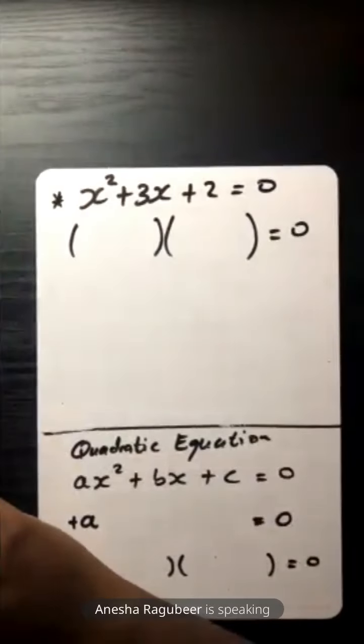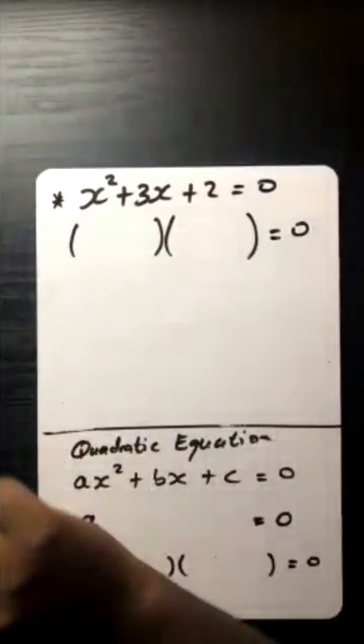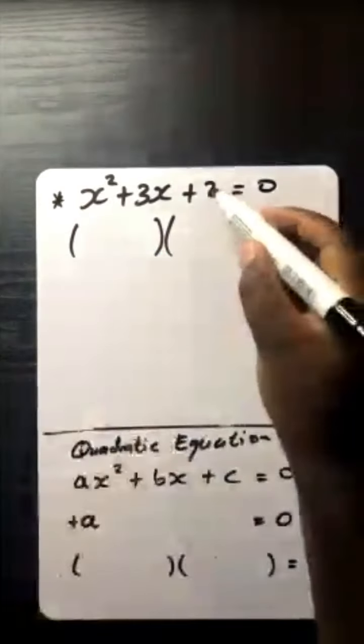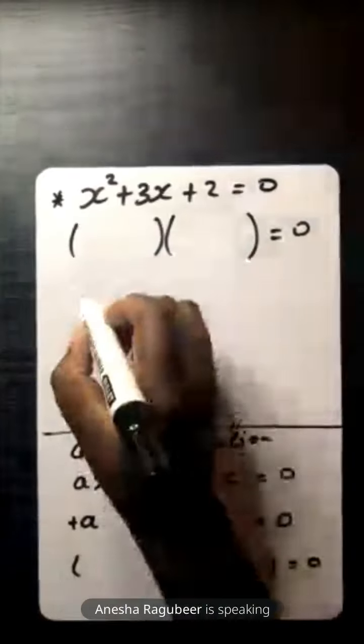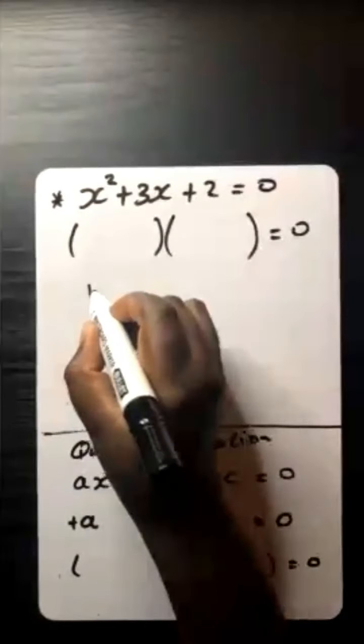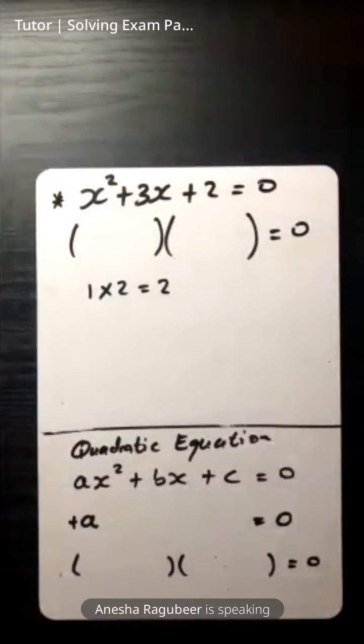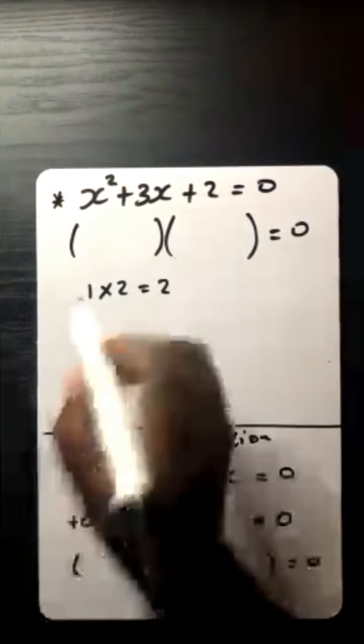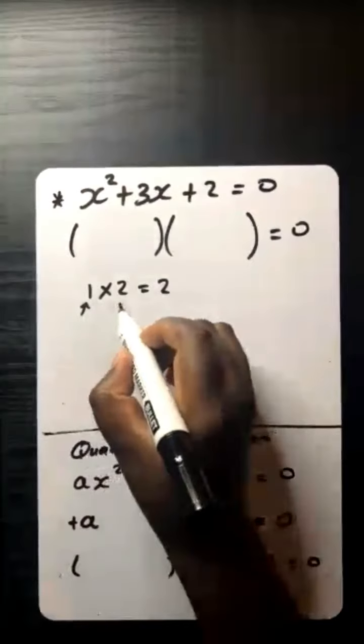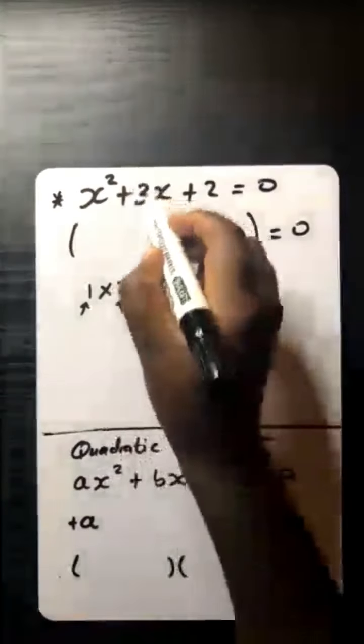So let's see. What two values can you multiply together and they give you 2? The first values are 1 times 2. They will give you 2. So can you work out 1 and 2 such that they give you that 3?